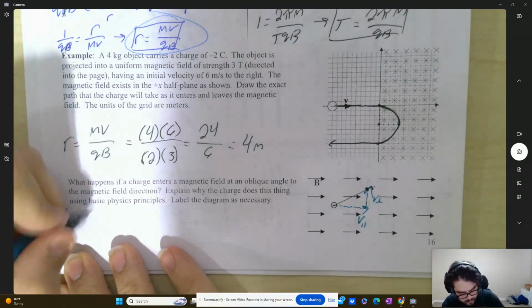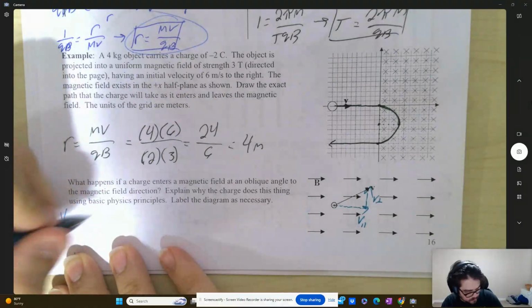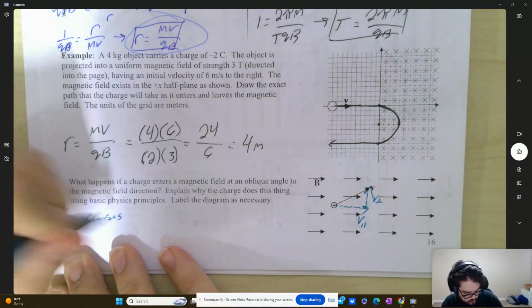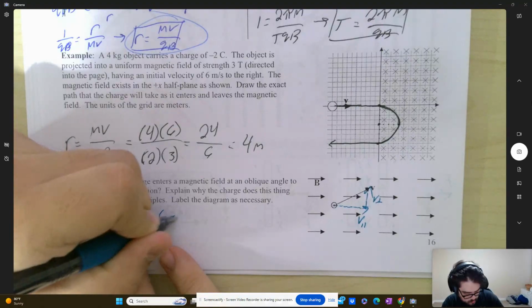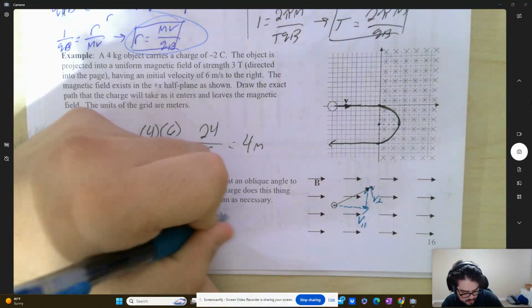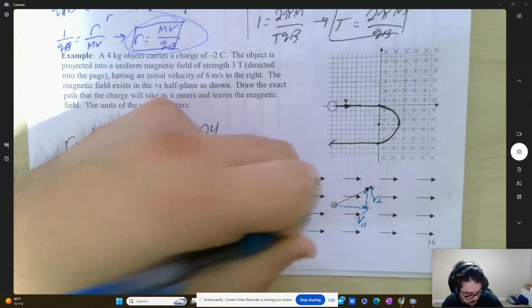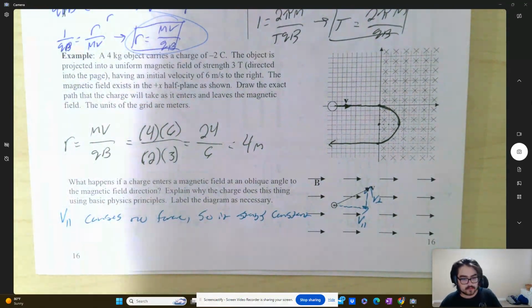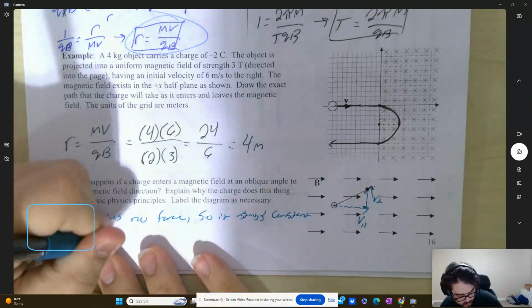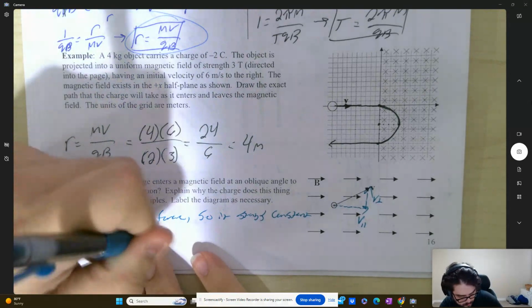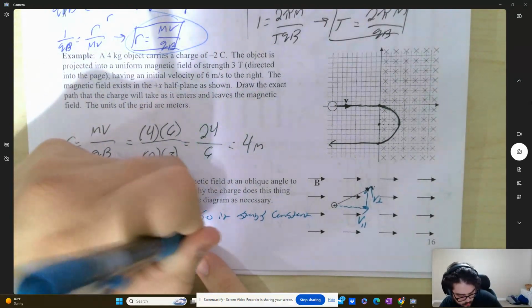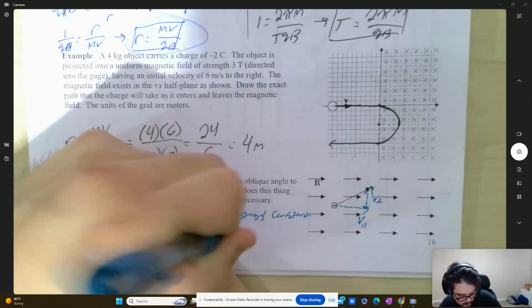The V parallel component causes no force, so it stays constant. The charge moves right with constant velocity.